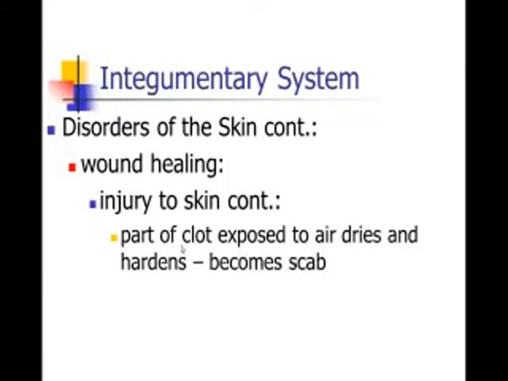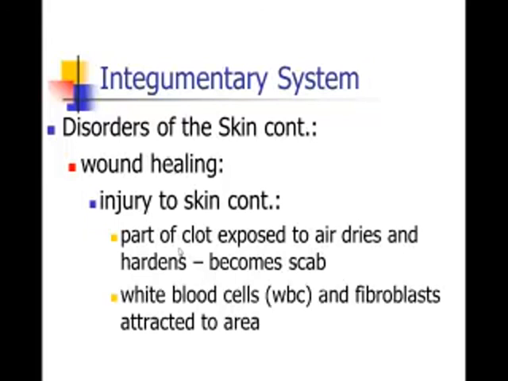Typically, when you have a clot, part of it is exposed to the outside, to the air, and that gets dry and hard, and it becomes what's called a scab. There are some enzymes in the clot that start to digest the clot, and it gradually starts to break down, get kind of crumbly, and fall apart about the time that new cells are pushing into the area.